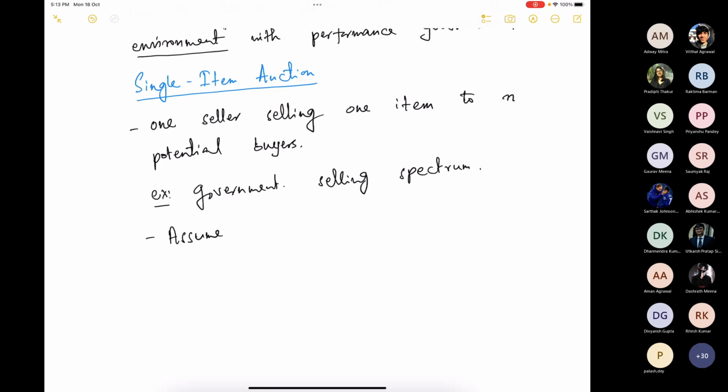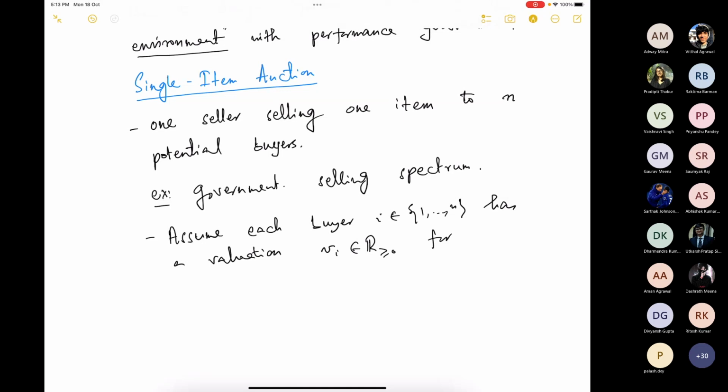Assume each buyer i in 1 to n has a valuation Vi, which is a non-negative real number.